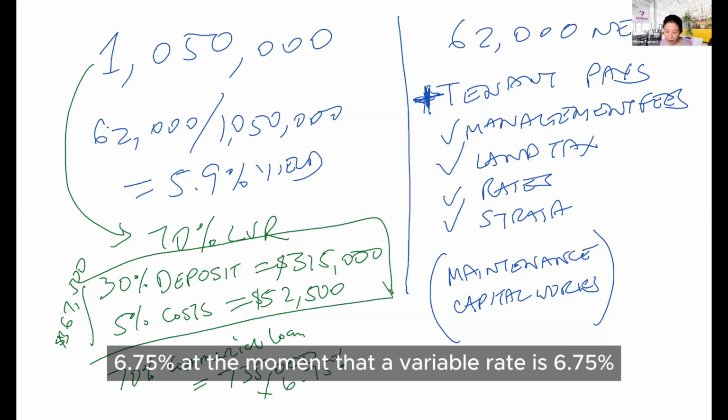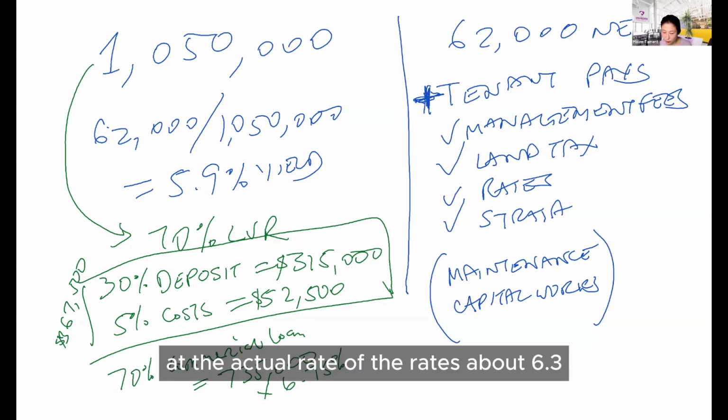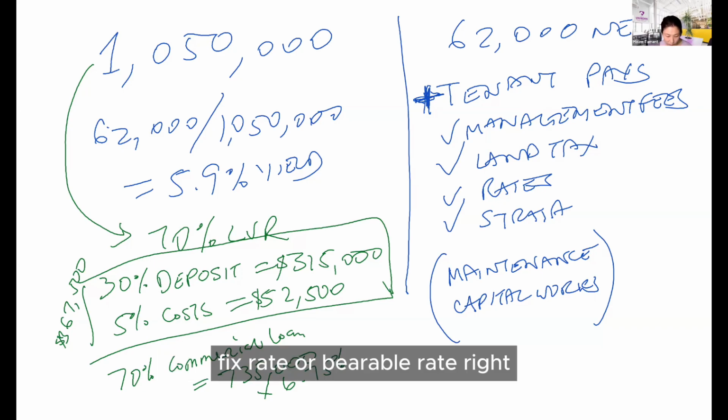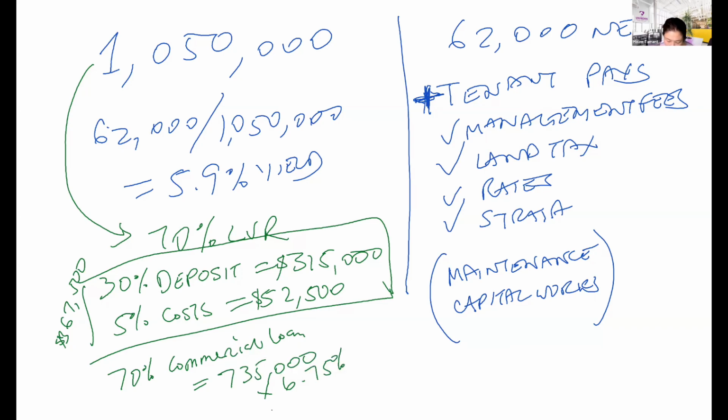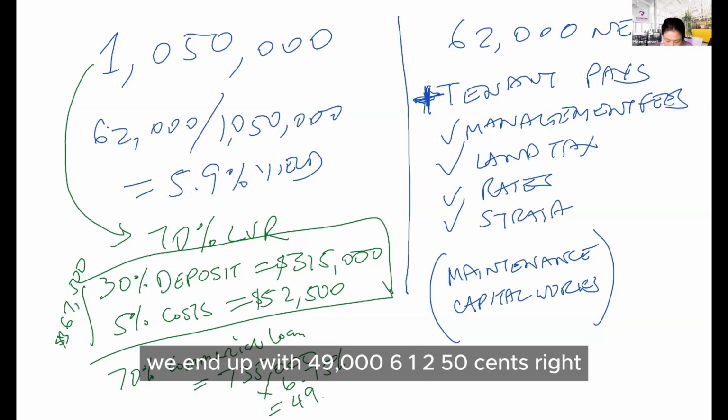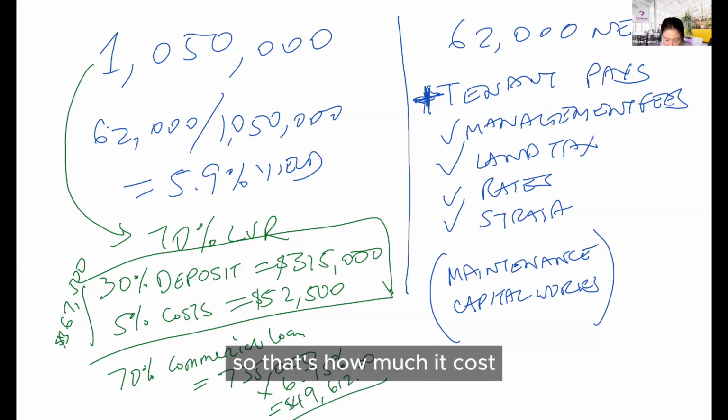At the moment, the variable rate is 6.75%, and with fixed rates, about 6.3, 6.5. So depending on whether you want fixed rate or variable rate, if we multiply that by 6.75%, we end up with $49,612.50, right? So that's how much it costs for you to support the property.